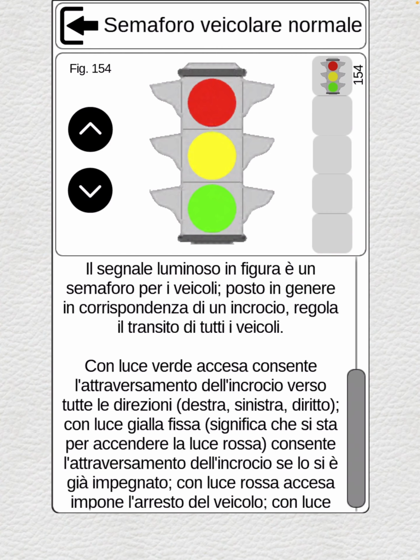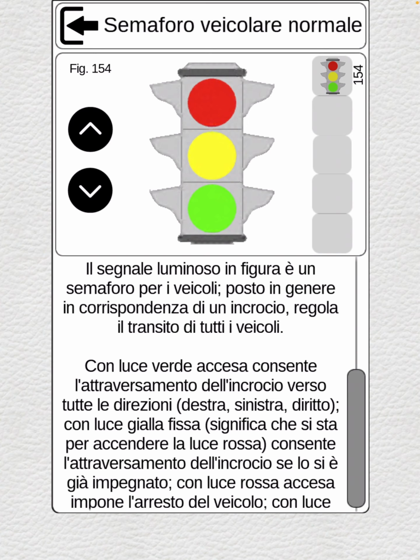It means that they use it to regulate every car that is driving on the road. The traffic light shown is generally posted in relation to a junction and regulates the passing of all vehicles, including bicycles.